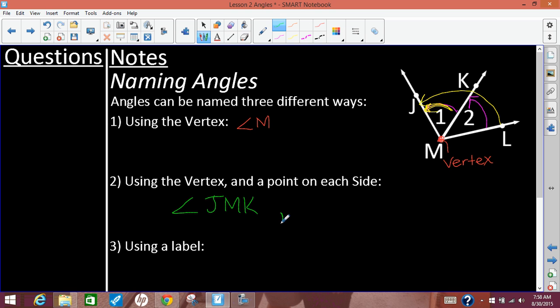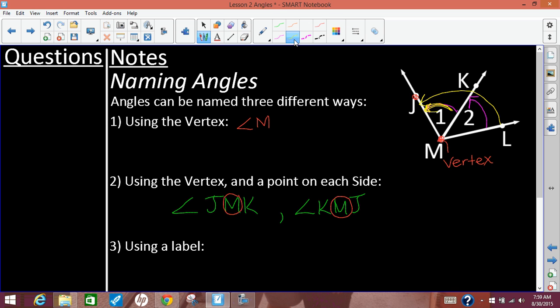You could have also named it angle KMJ as well. But the important thing here is that M, the vertex of the angle, is in the middle of the name. This tells us that we're talking about the angle that has J on one side, has M as its vertex, and K on the other side.